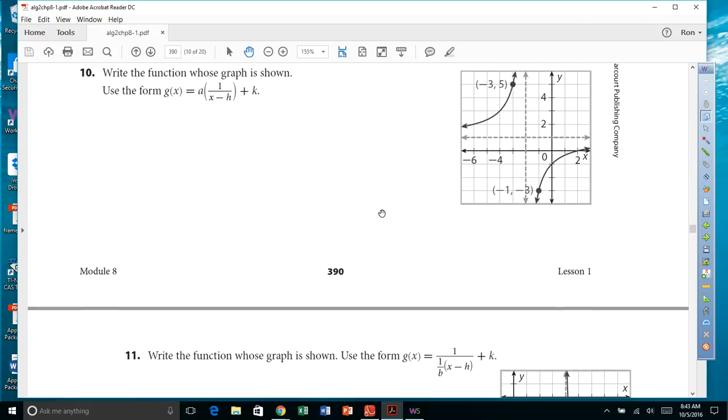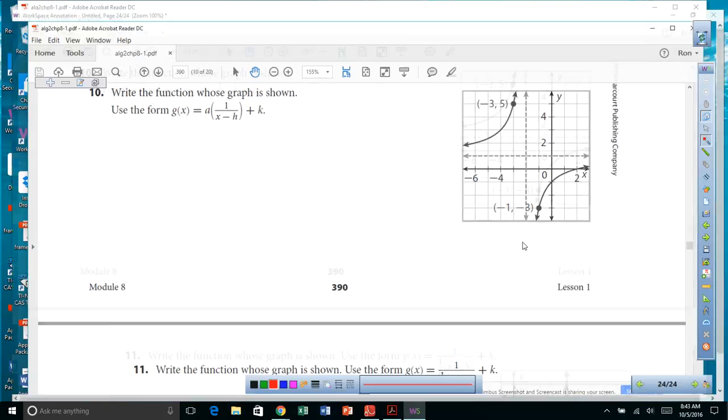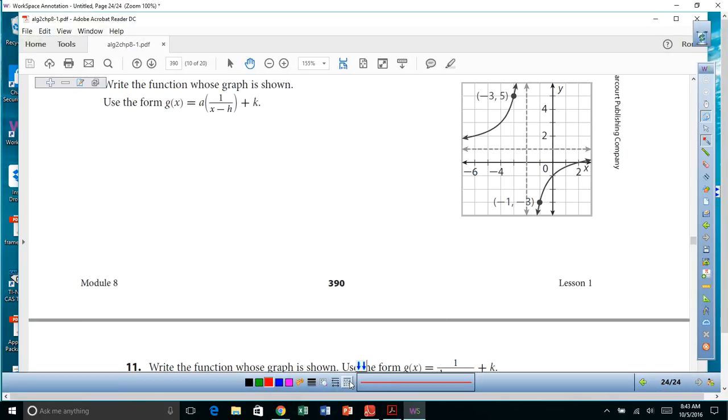10. Write the function whose graph is shown. Use the form g of x equals a times. Okay, so what did we do before? Well, let's notice here we've got horizontal right there.